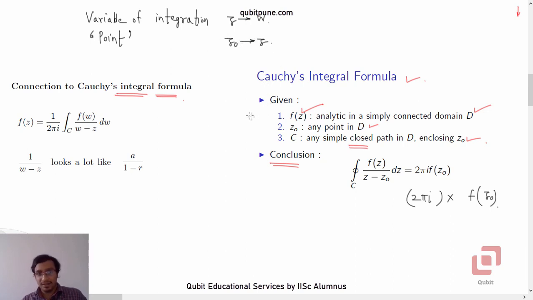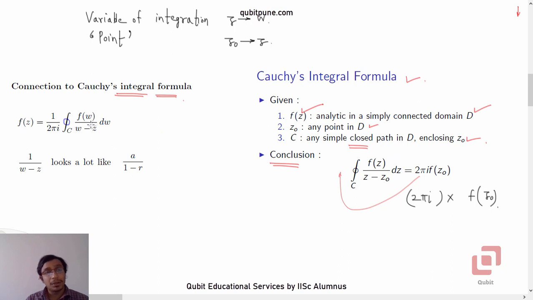These are the two changes that I have made. Everything else is the same. So now the Cauchy's integral formula can be stated as f of z equal to 1 upon 2 pi i times the integral of f of w upon w minus z taken along any simple closed path C in D where the function is analytic.